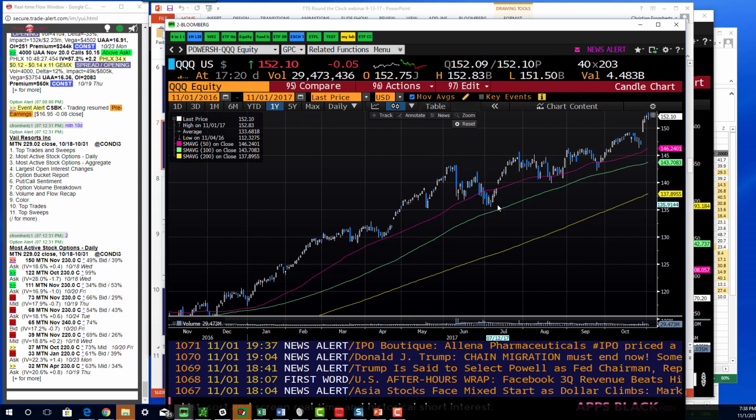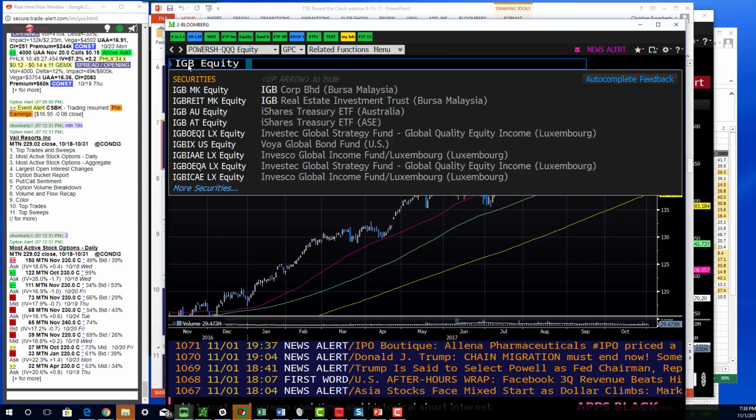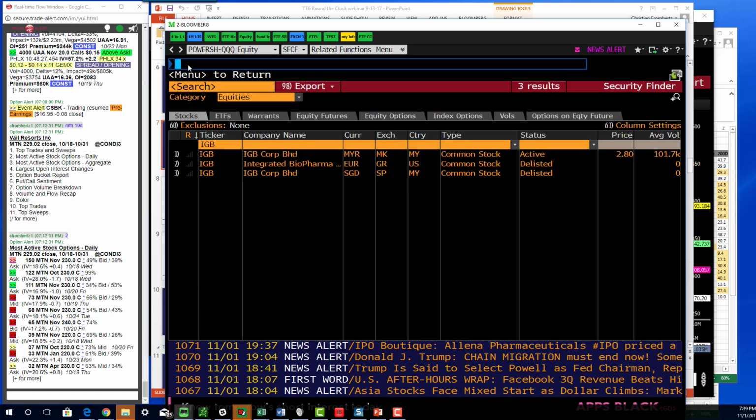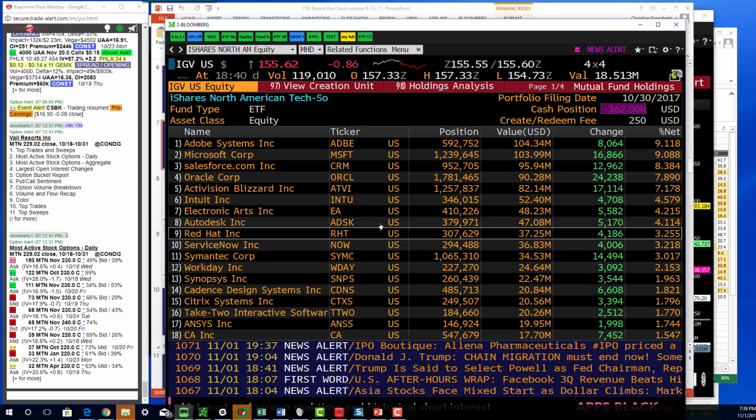Things like Adobe, things like Salesforce. A lot of the stocks that are in that IGV ETF that I make reference to a lot. This is your second tier technology, which has been extremely strong. So we saw buying in a whole bunch of these names.